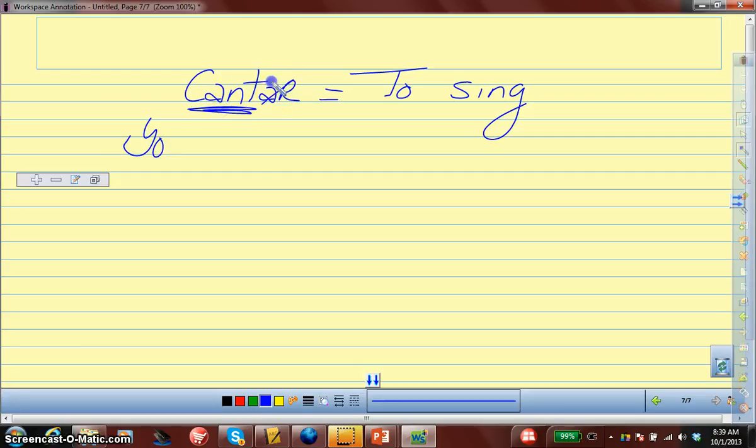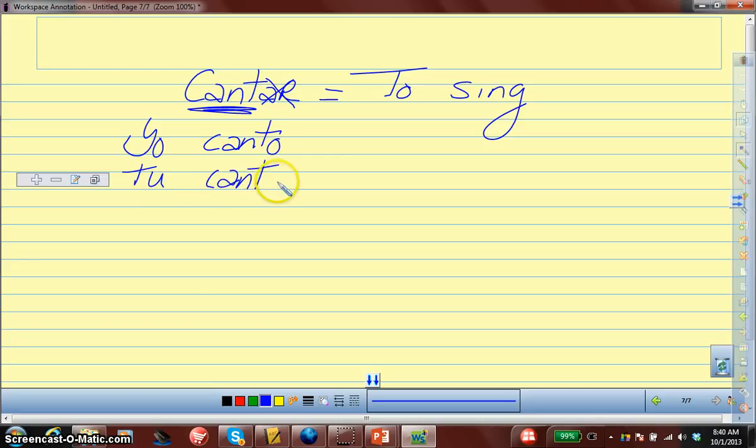The only thing that's going to change is the AR, correct? So for yo, it's going to be yo, can. What is the ending? Yo canto, I sing. For tú, you write the root of the verb.